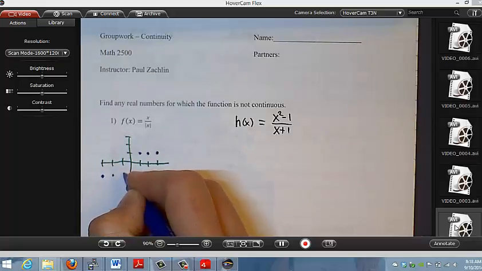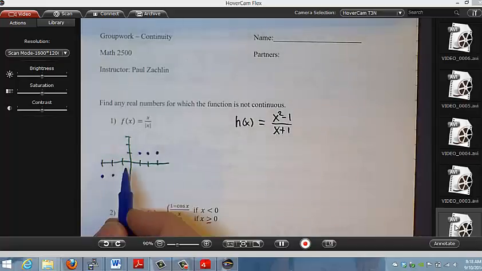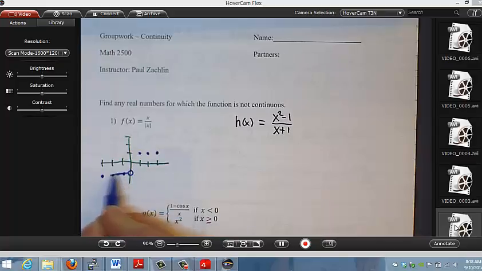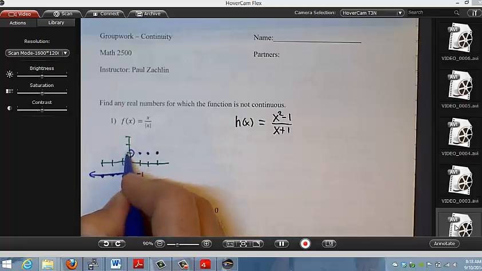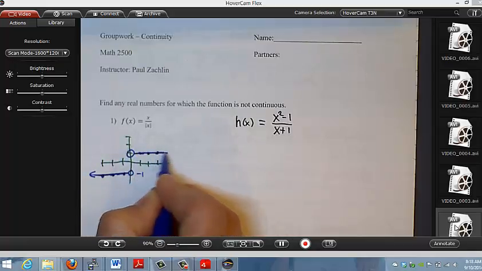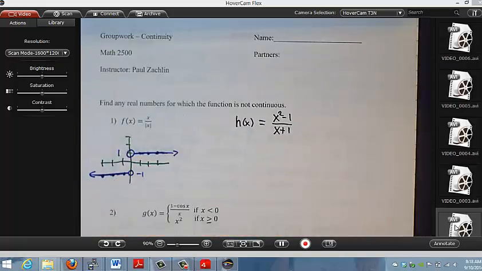So if I were to graph all of the outputs, of course there is no output at 0, but you'd have a line here right along y equals negative 1, and you'd have a circle here and then a line here right across, well, y equals 1. Right? That's the graph of f of x.